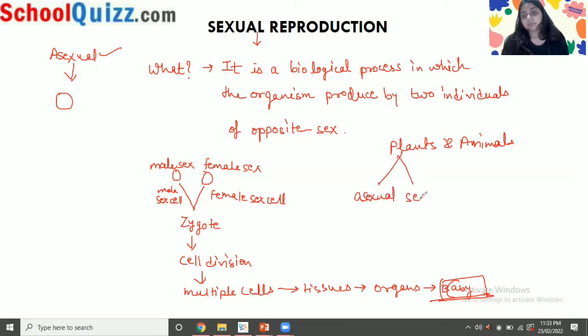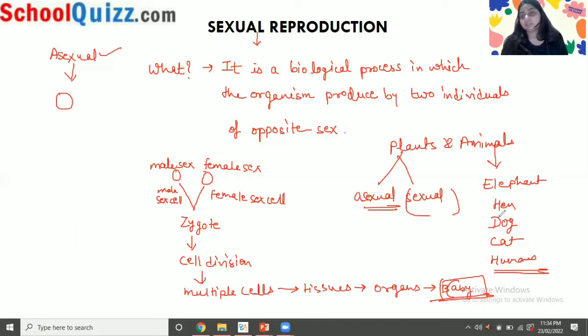We will see how sexual reproduction works in plants. In animals like elephant, hen, dog, cat, human beings, sexual reproduction works, and in all the animals, sexual reproduction works.